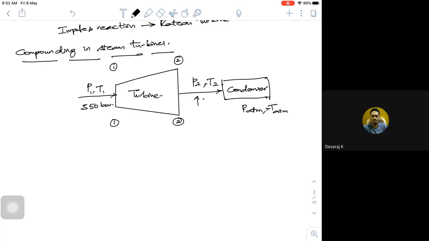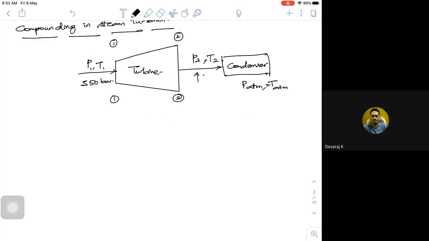So the pressure in the steam turbine is not 350 bar. Usually it is around 30 or 40 bar, whereas gas turbines operate at greater than 40 bar.